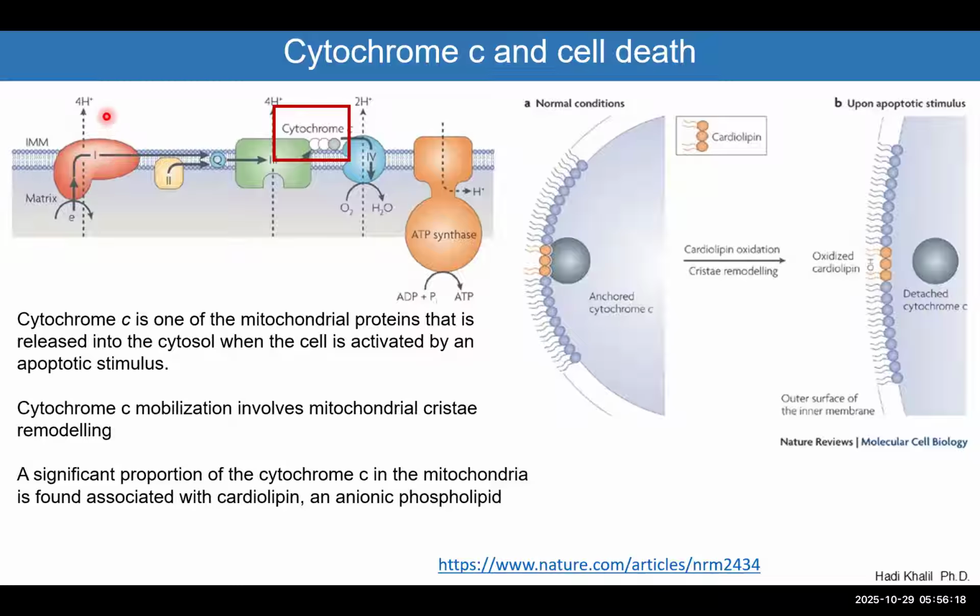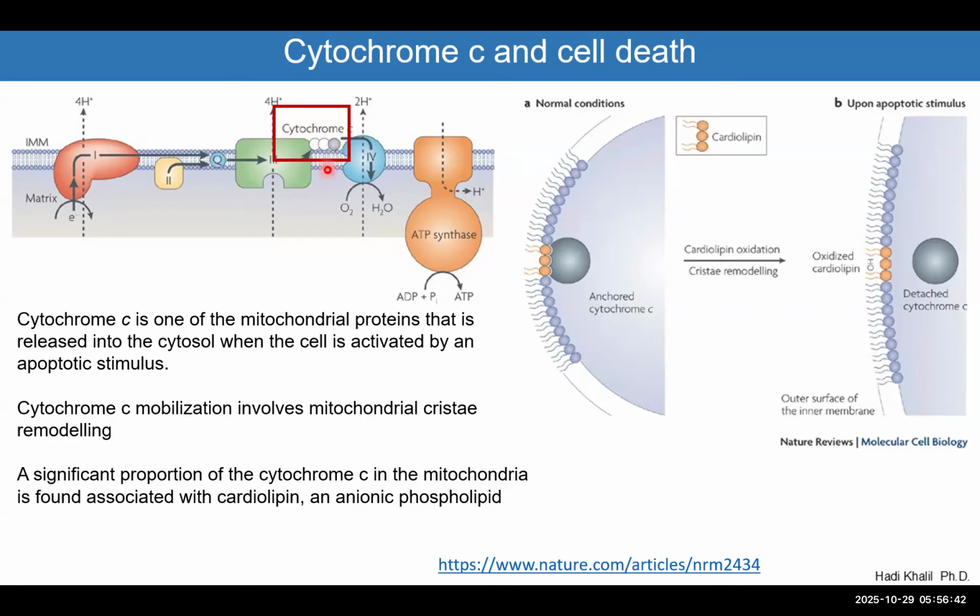So remember complexes 1, 2, 3, and 4, and the electron transport between complex 3 and 4 is mainly mediated by cytochrome C. Now, cytochrome C resides in the inner membrane space.